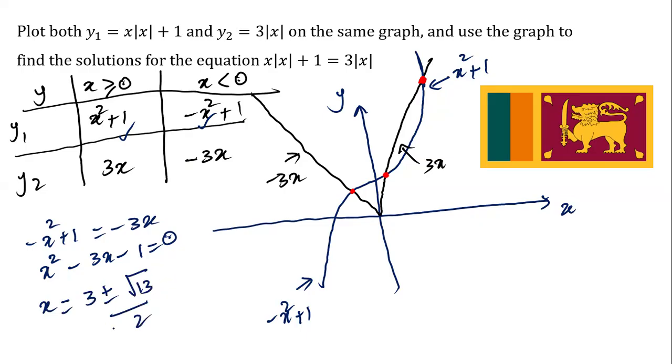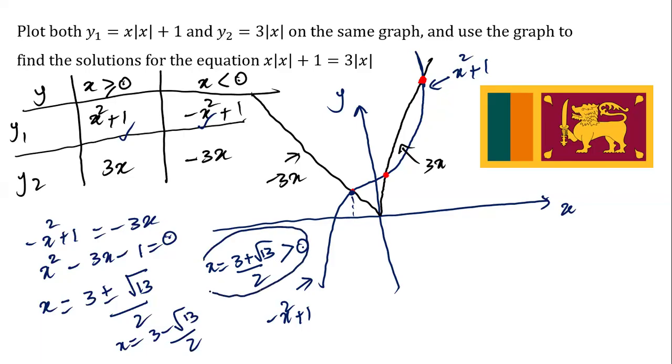We know that the only answer is x equals 3 minus root 13 over 2, because it is the only one in the range of x less than 0. If you consider x equals 3 plus root 13 over 2, which is greater than 0, this point is on the negative x-axis. So it cannot be our answer.